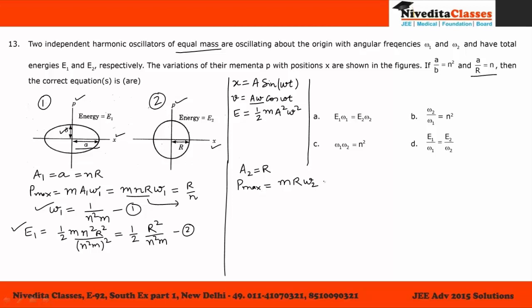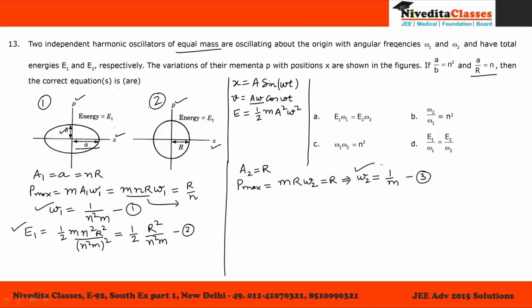From the graph we know that this is equal to R, so R will cancel out from both sides and we get omega 2 as 1 divided by m. Let's say this is our equation number 3.